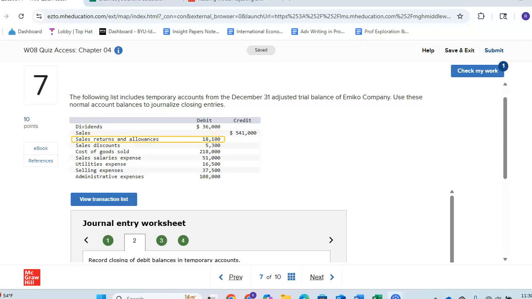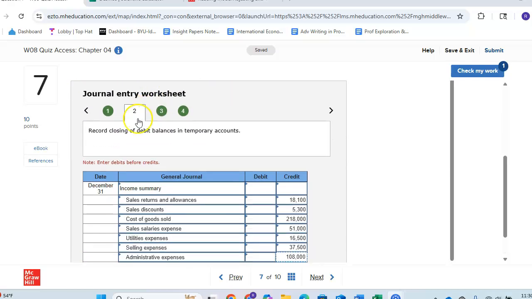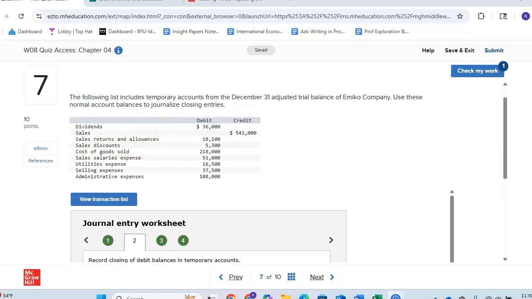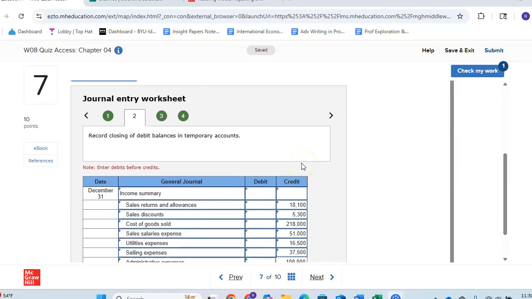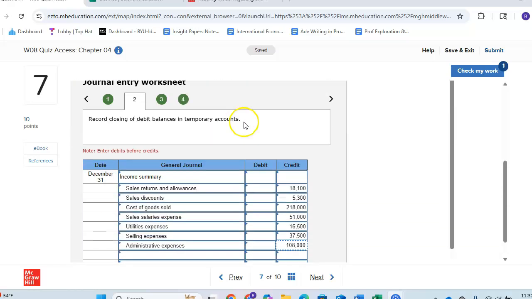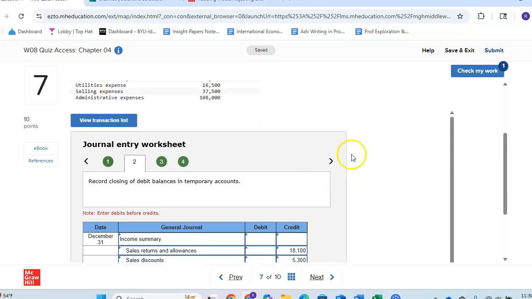I always like to go back through and double check if I got the amounts right. Sales returns and allowances, 18,100. Just checking all these amounts to see if they correspond with these amounts. 5,300, 218,000, 51,000, 16,500, 37,500, 108,000.